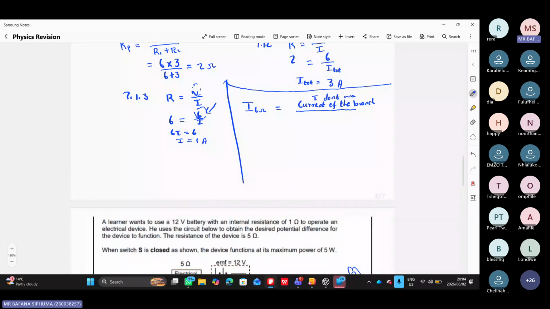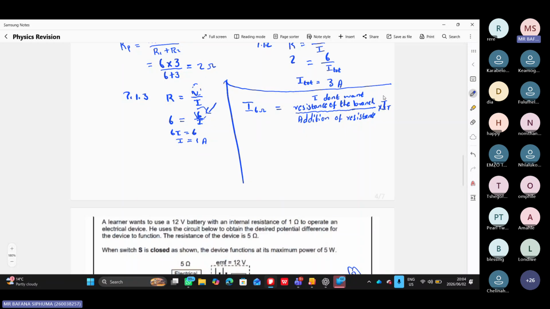Then this one will be addition of resistance. Sorry about that, I just realized I made a mistake. It's supposed to be resistance. Yes, because we are using multiply by IT, your total current.